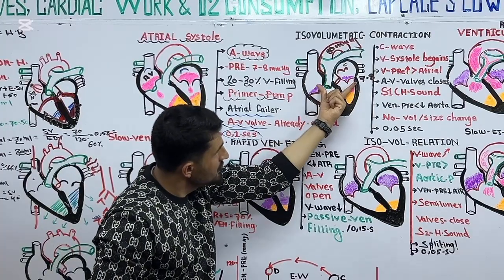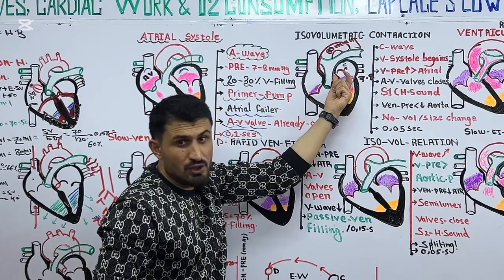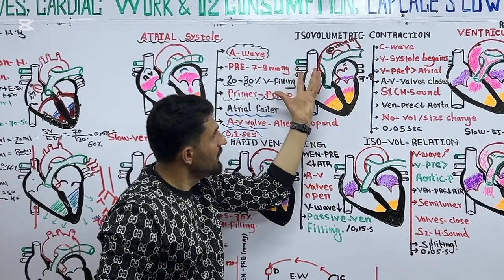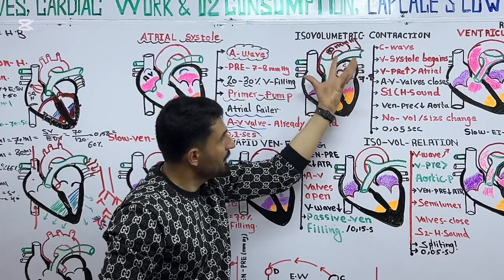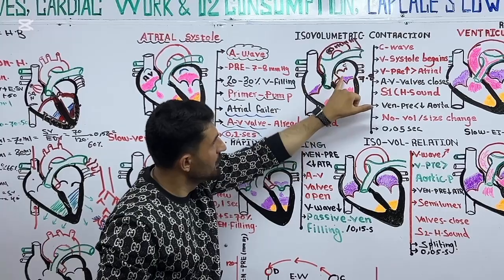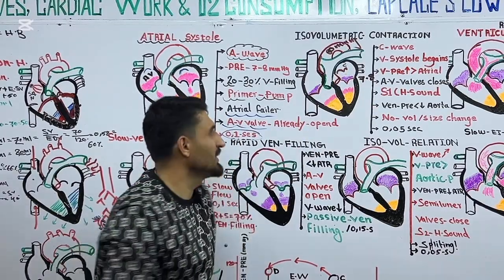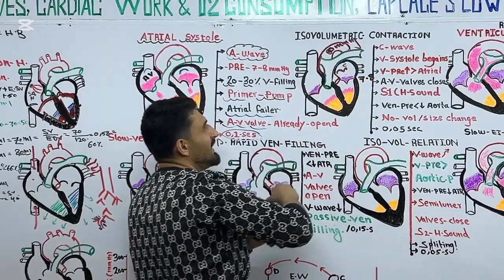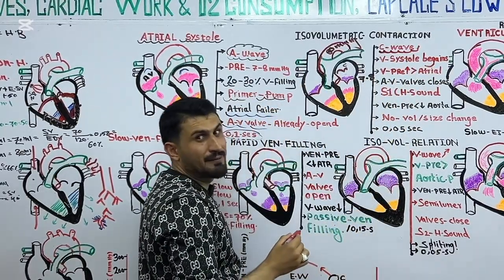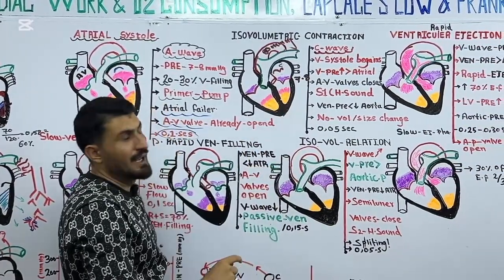When these two valves close, due to closing of these two valves, a backflow of blood occurs, and this backflow of blood causes production of a wave and small pressure in the atria, and this wave is called C wave. So in a nutshell, in isovolemic contraction phase in atria you will find C wave due to backflow of blood into the atria due to closing of AV valves.